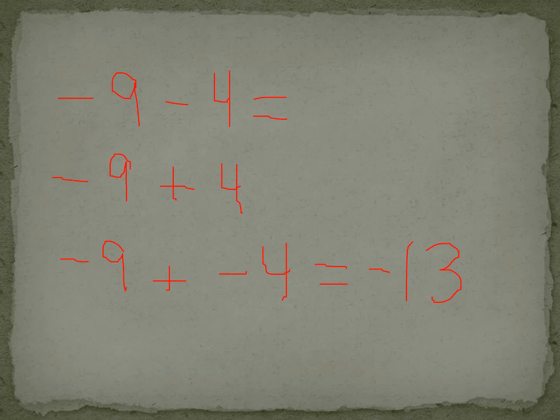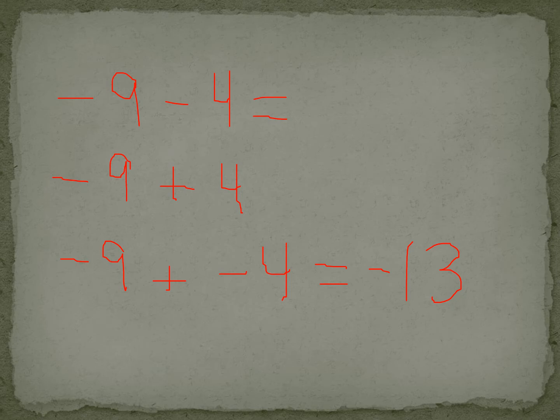So if I do what the book told me to do, if I change the subtraction sign to an addition sign, then I'm going to have negative 9 plus 4, but then it tells me to change the 4 to the opposite, so that I would have negative 9 again, plus negative 4. Okay, so I don't know if that helps.